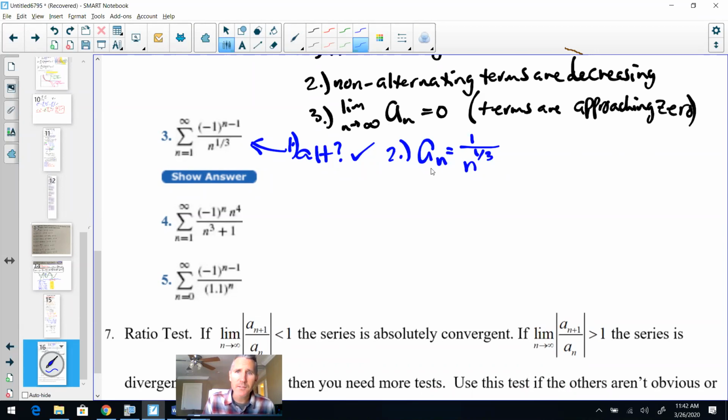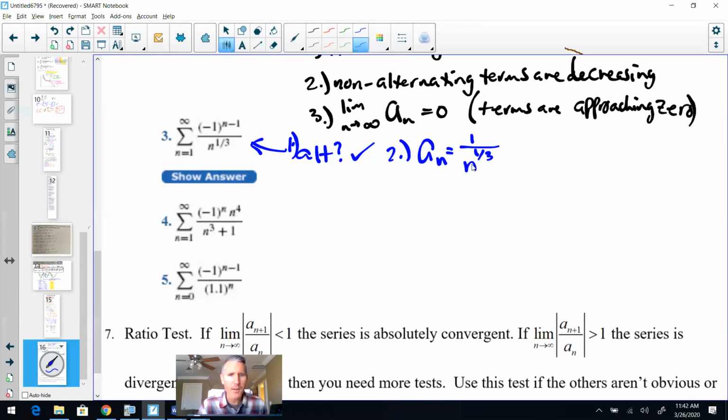So now for the non-alternating part, as I plug in values for n, starting at 1, then 2, then 3, then 4, do you agree that this is getting smaller? It's decreasing in value. When I plug 1 in for n, I get 1 over the cubed root of 1, which is 1. When I plug in 2 for n, I get 1 over the cubed root of 2.